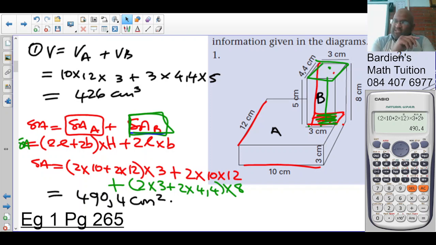So the mistake is in the textbook. Okay, so she says the mistake is with the height of the first one, what we marked A. Is that correct?